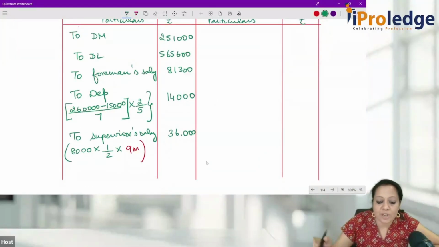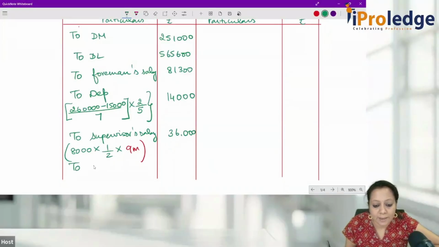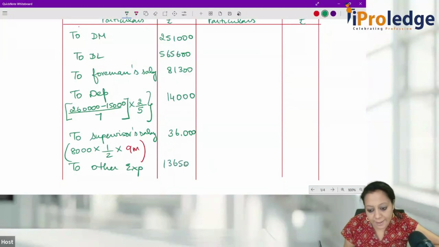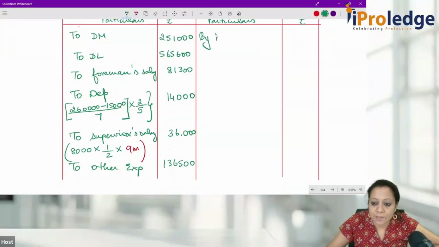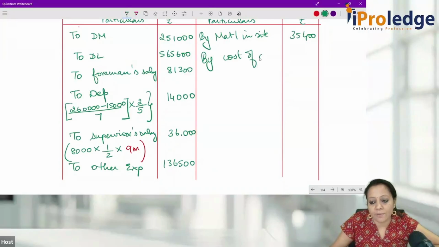And we have information about other expenses as well. So other expenses is going to be 1,36,500. Okay. Then materials in hand is given. So by materials in hand is going to be 35,400. By cost of construction, I told you always it will be a balancing figure. You can write by total cost also, no problem.